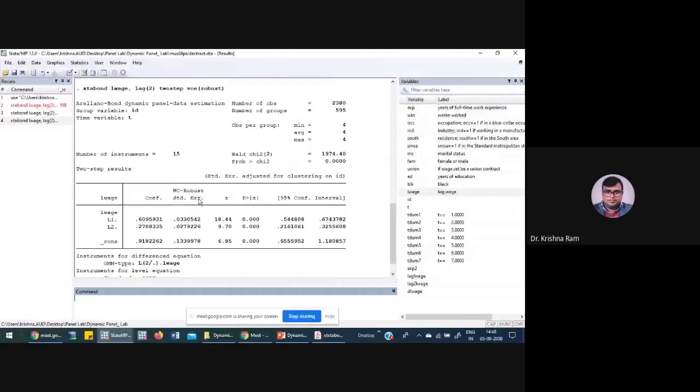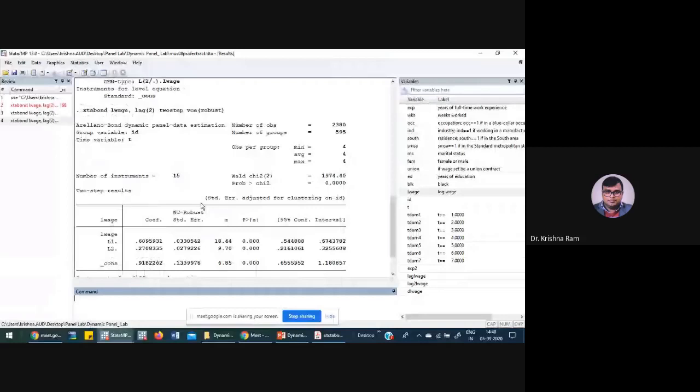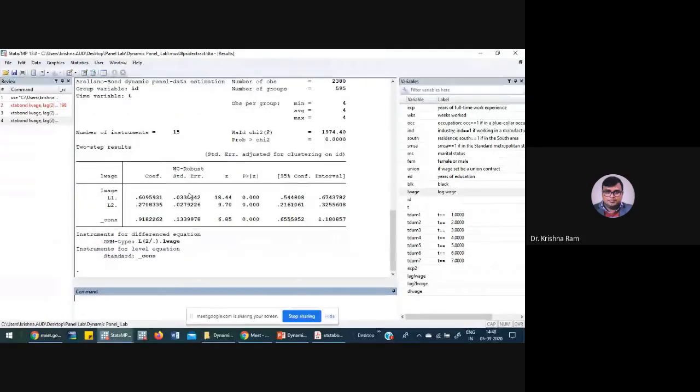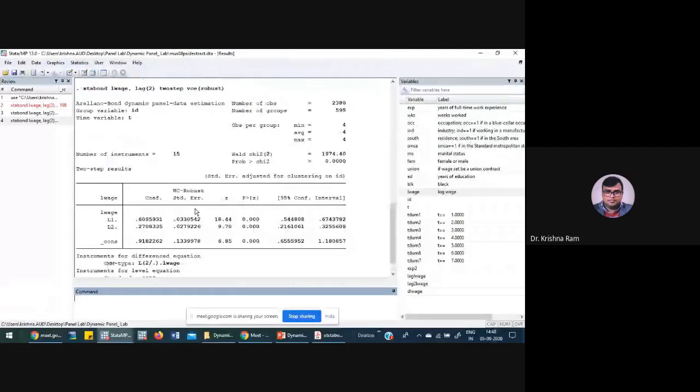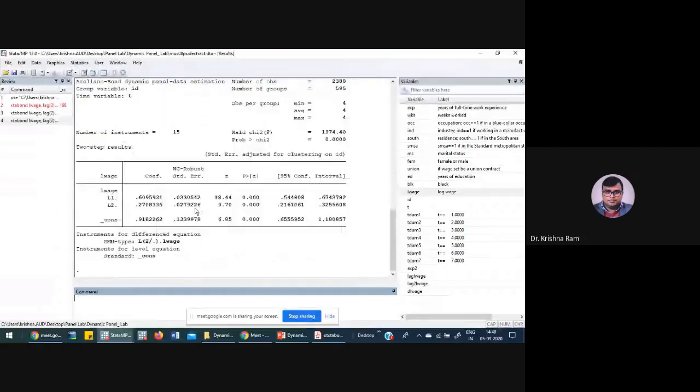So the Windmeijer standard error is a more appropriate standard error as compared to the textbook standard error. Both of these standard errors do not have an autocorrelation problem, but you might get a heteroscedasticity problem in both of these regression models.